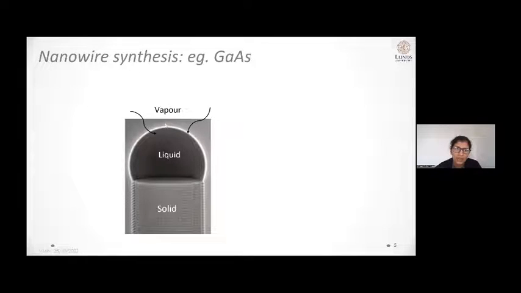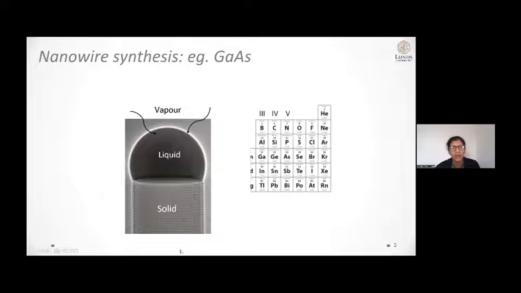So nanowires are usually synthesized by a technique called vapor liquid solid, which is basically that the precursors or whatever materials that you are supplying are supplied in the vapor phase. It dissolves in a liquid particle, and the liquid particle gets supersaturated and it starts precipitating out a solid material. This is called a vapor liquid solid route.